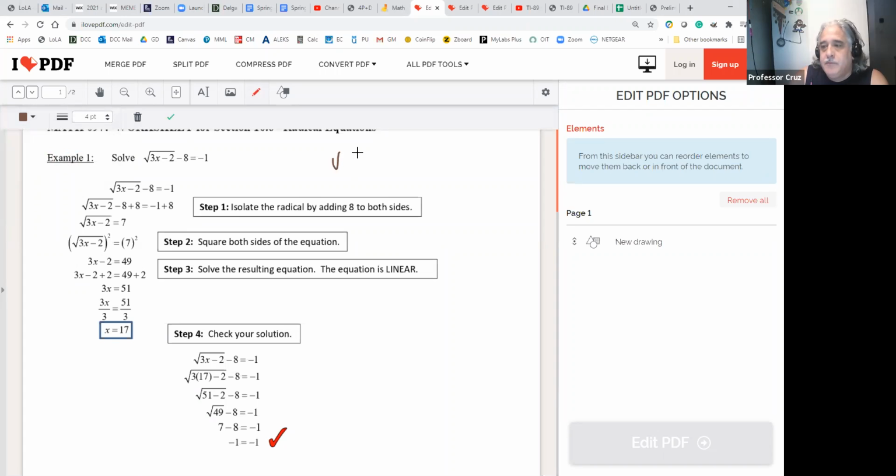In other words, that's what this is based upon. But it can get pretty messy if you have something else besides the radical on one side of the equation.